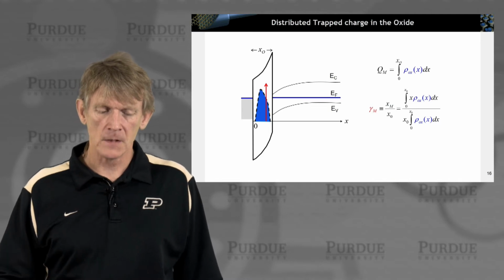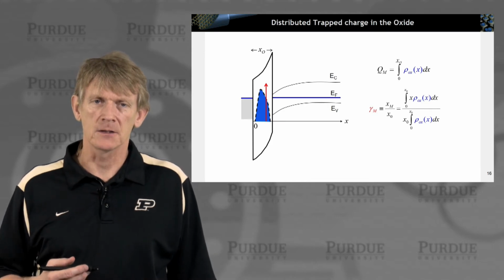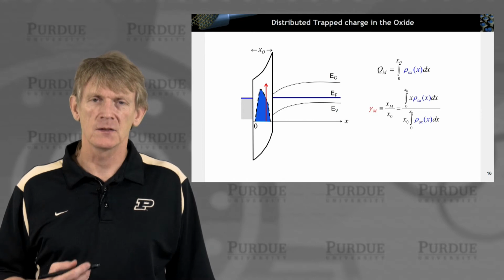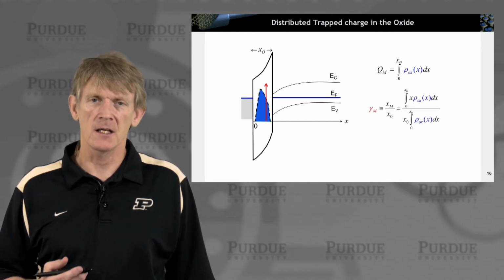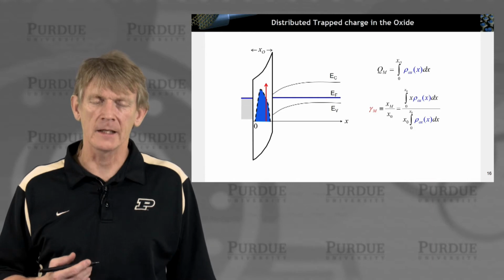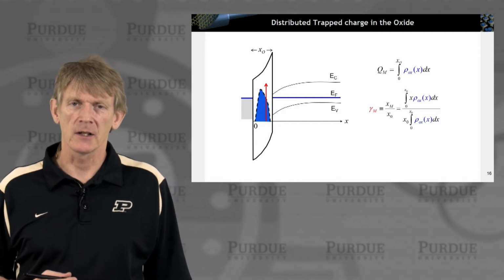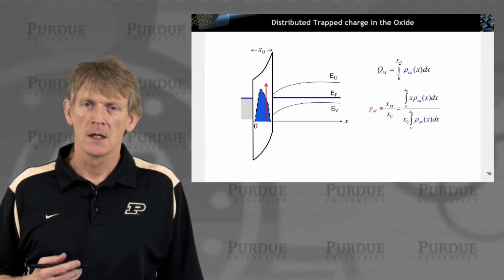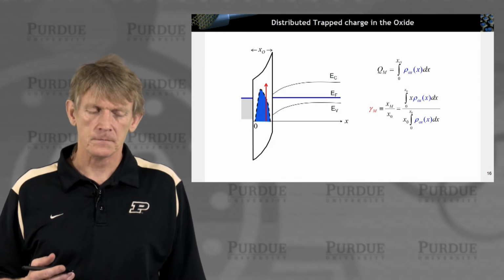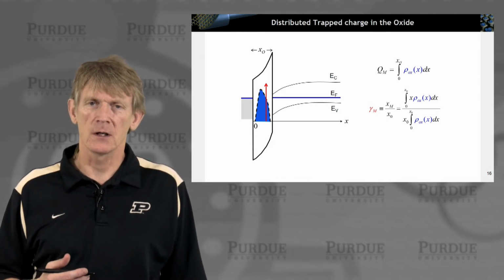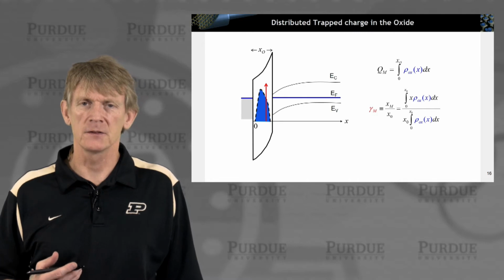Now, that first moment gives you a way to also approximate the charge like this. You could just replace this distributed charge with a delta function of a certain weight. So you could just say, I'm going to place a delta function like that in the system, and in terms of capacitive behavior, the results that you calculate would be the same. Because you'll see in the expressions that we care about, which are the total potential drops, we care about the overall potential drop inside the oxide. We don't necessarily need to know the details of the potential distribution in the oxide.